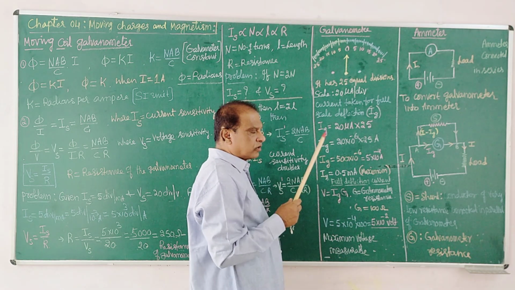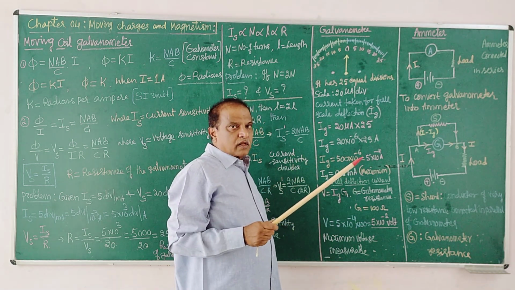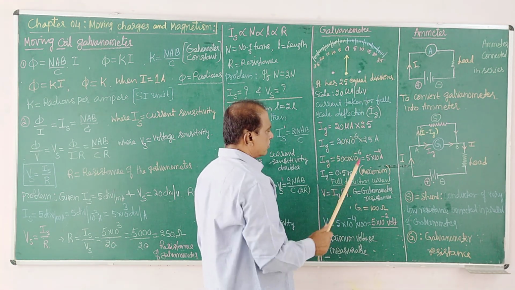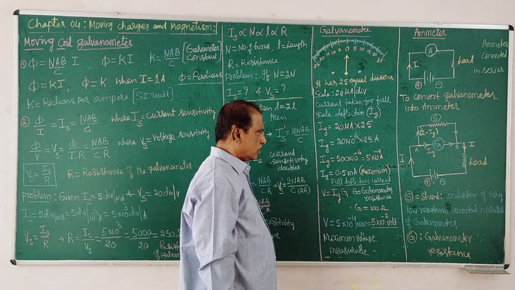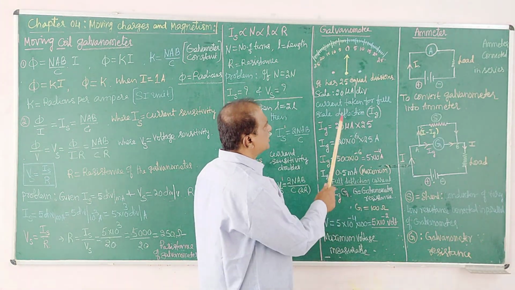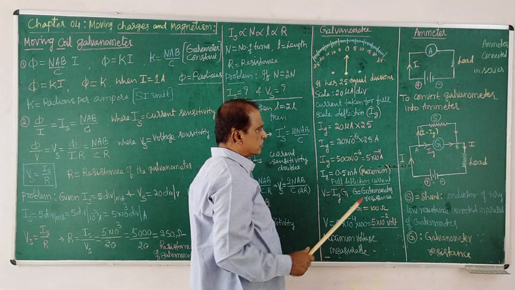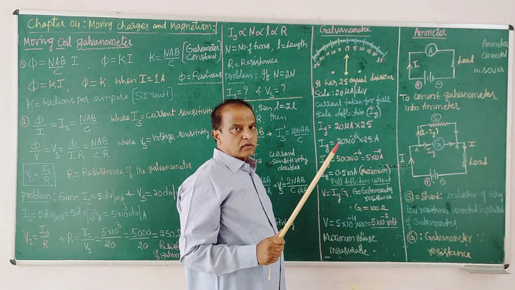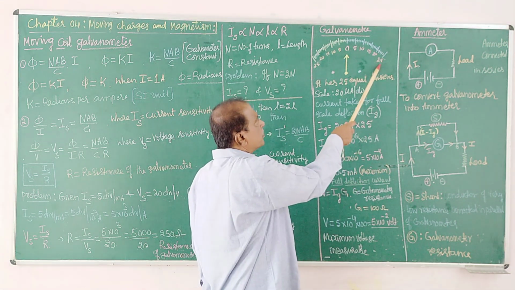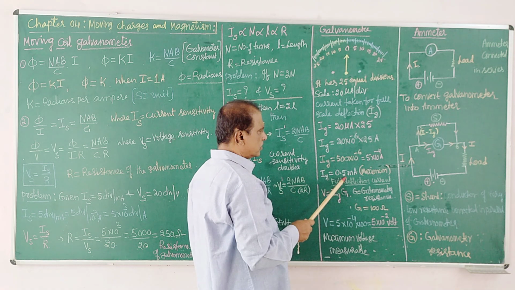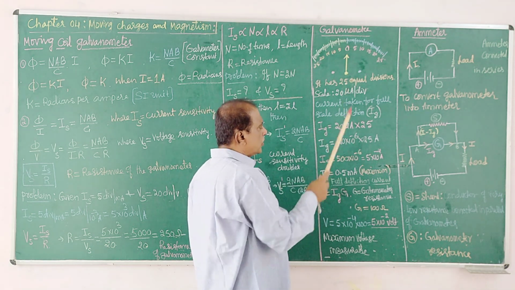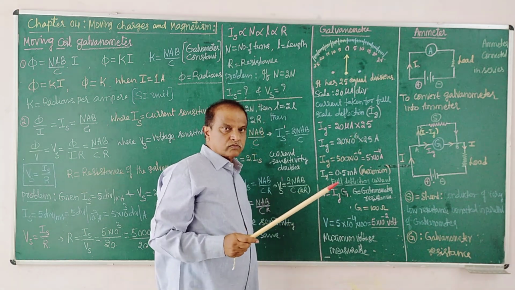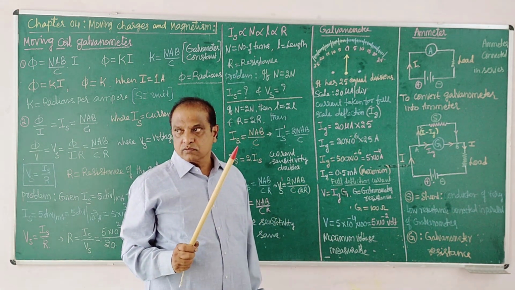This symbol is used in all the books. What is Ig? Current for the maximum deflection in the galvanometer, full deflection. That is called the maximum deflection current. The maximum limit is this. It can record the current below this, up to this, not beyond that. That is the sensitivity.